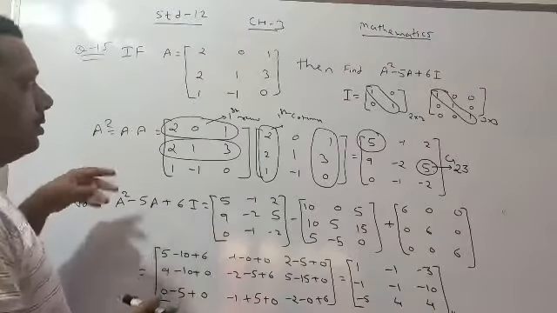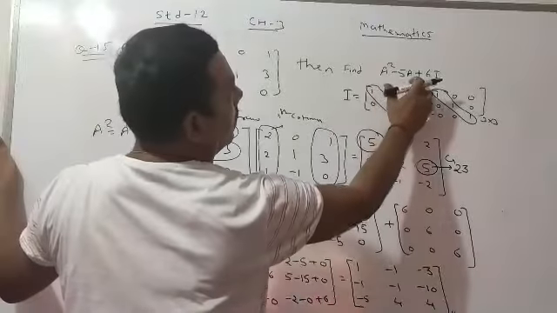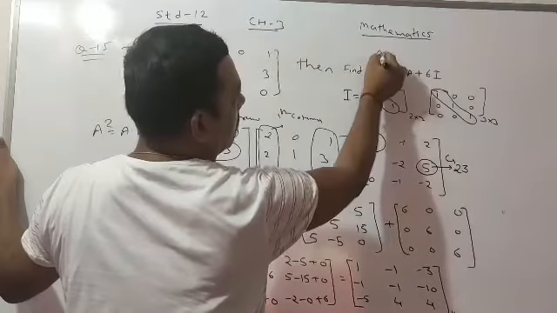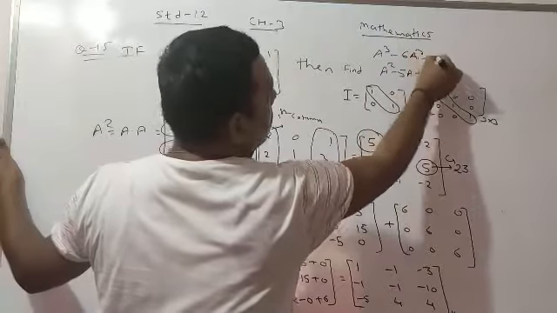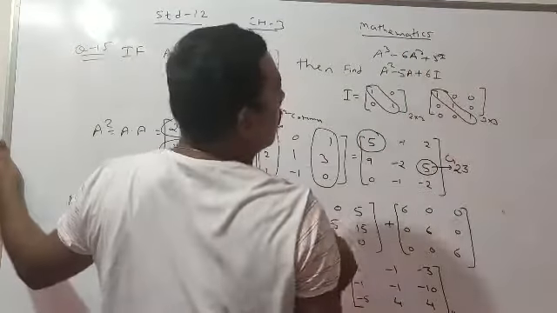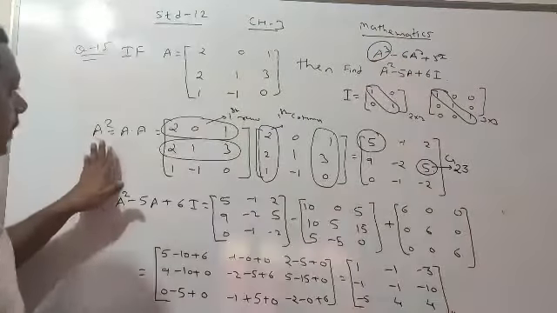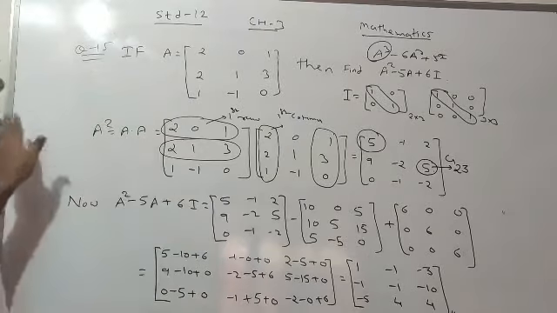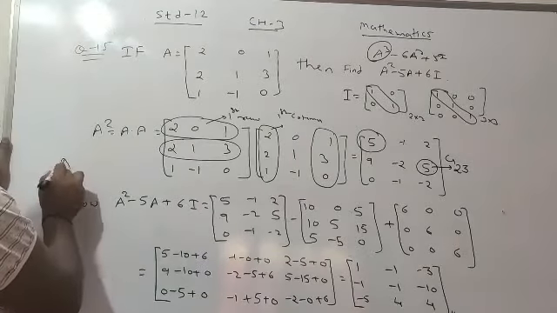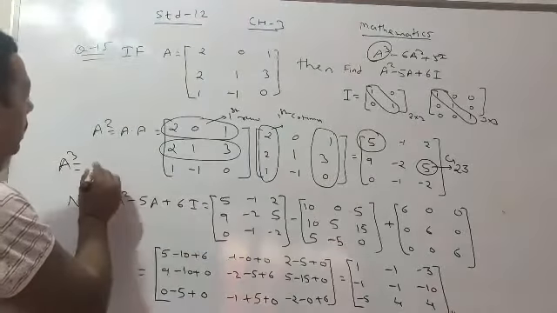Now sometimes they will change the question. Rather than A square minus 5A plus 6I, they may ask A cube minus some number, say 6A square plus 5I. In that case we need to find A cube. As we know, A square is obtained by A into A. Then how to find A cube?